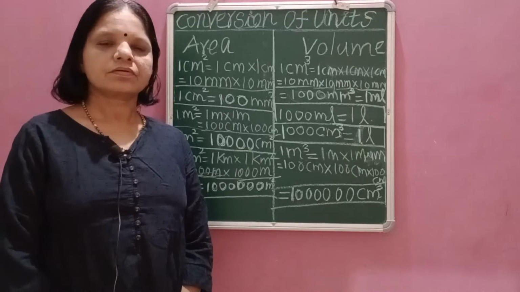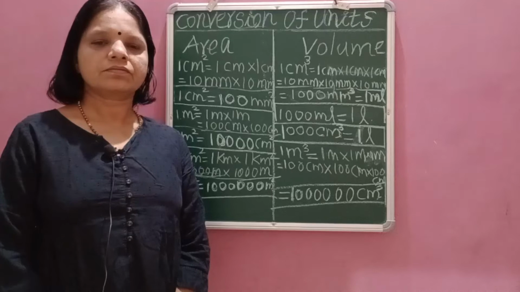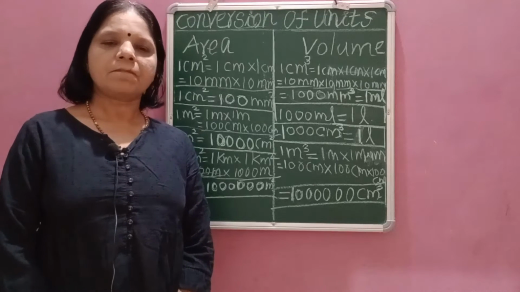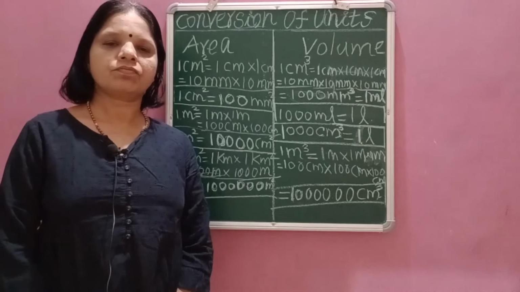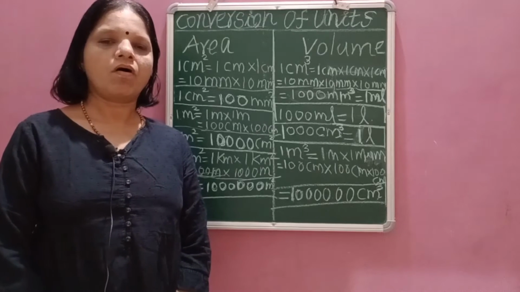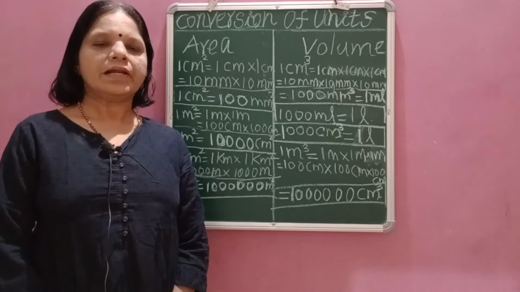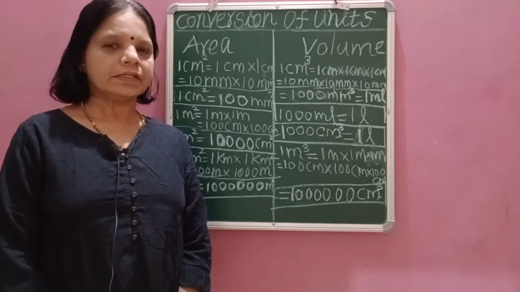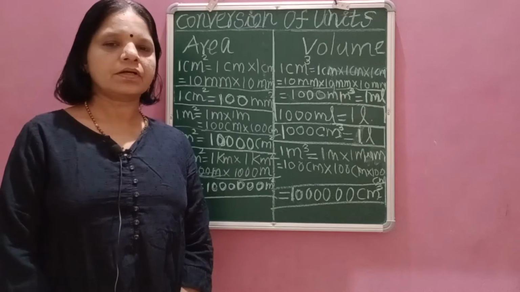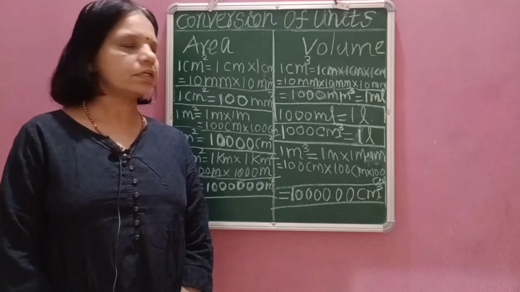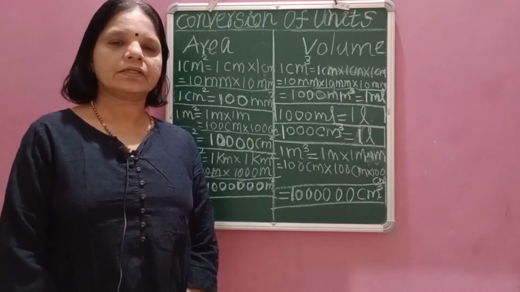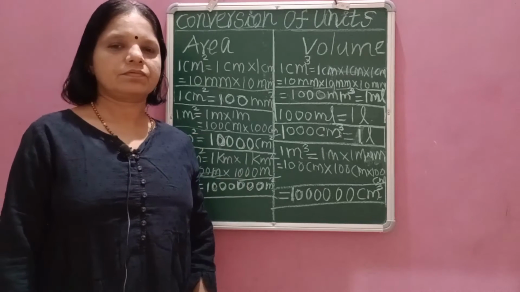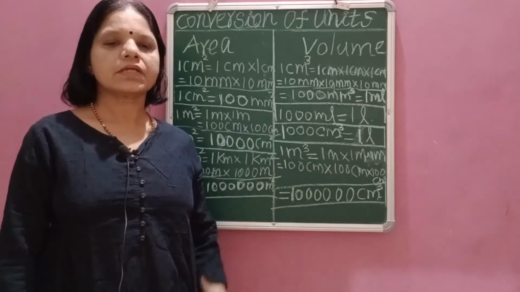That is, area is the repeated multiplication of unit of length, whereas volume is the repeated multiplication of length 3 times. Area, 2 times; volume, 3 times.